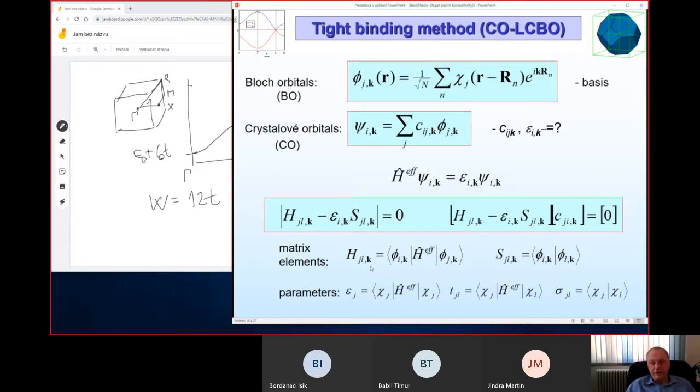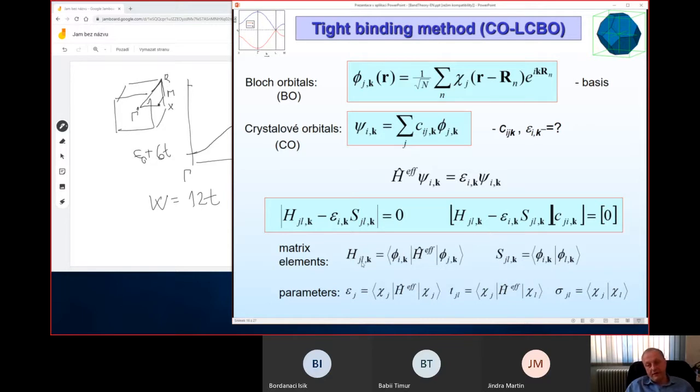And in this matrix we have the matrix element called H, which has this form, and these are the integrals, where this is the effective Hamiltonian containing the kinetic and potential part, and we apply this Hamiltonian on the given Bloch function, and we multiply from left by generally another Bloch function.